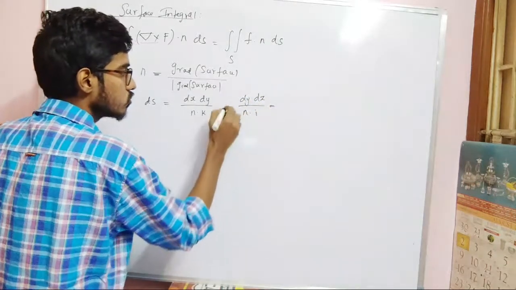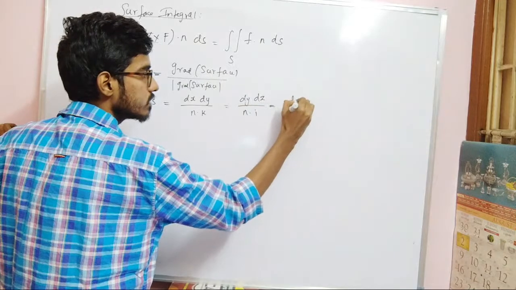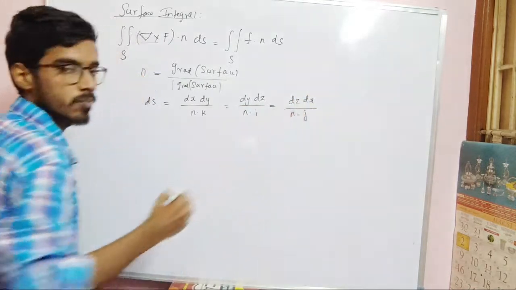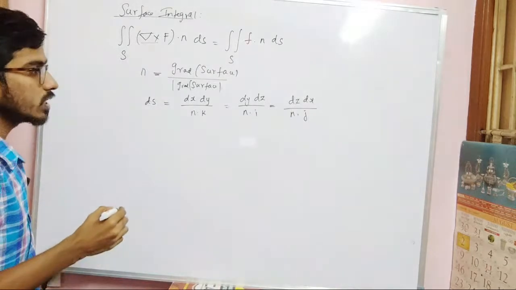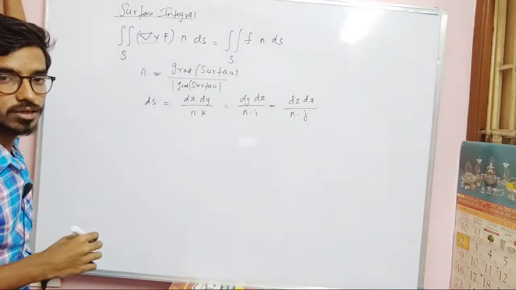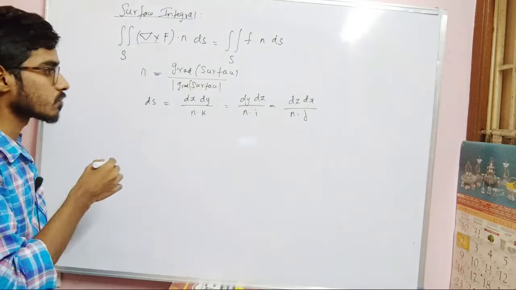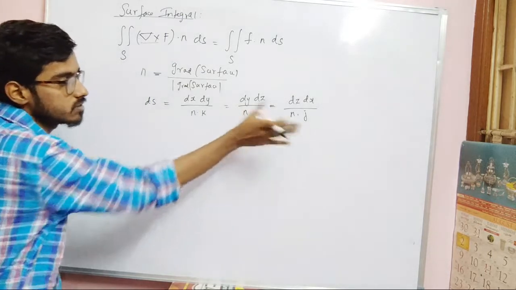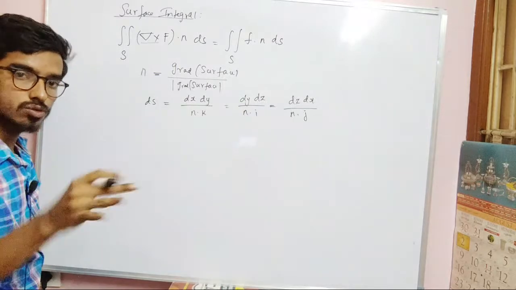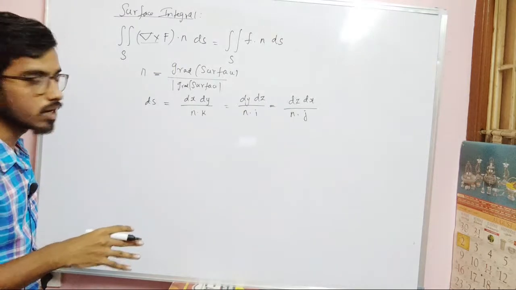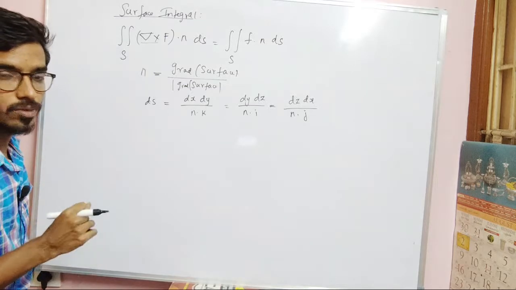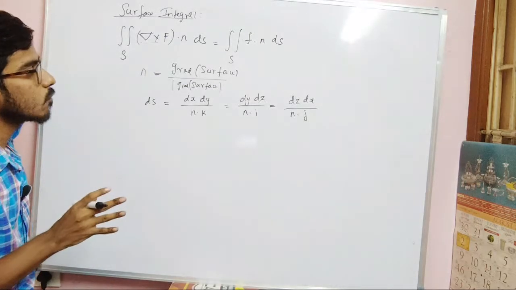Or you can choose dz dx by n dot j. You can choose any one depending upon the question. This needs practice. In some problems we will choose one, in some another, but you can choose any one of them and you will get the answer. If you choose appropriately, you will get the answer very easily. This is the working method.